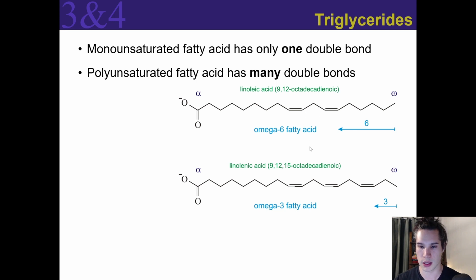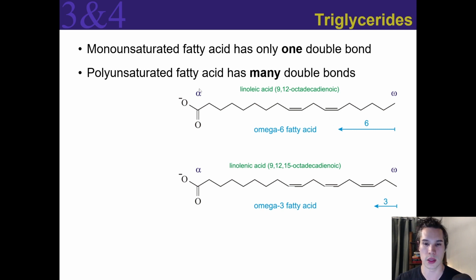So we have a polyunsaturated fat here, polyunsaturated fat here, and if you count from the tail, carbon 1, carbon 2, carbon 3, carbon 4, carbon 5, carbon 6, that's what makes the omega number. That's how we define the omega number. So from the tail, how many carbons in from the tail is the first double bond? Well, the sixth carbon is the start of the first double bond.